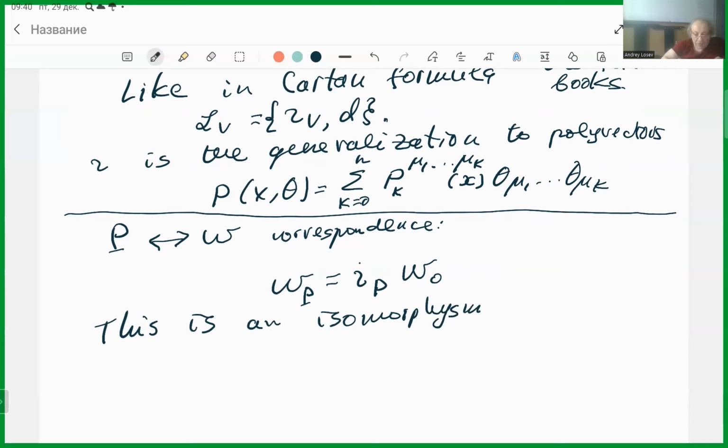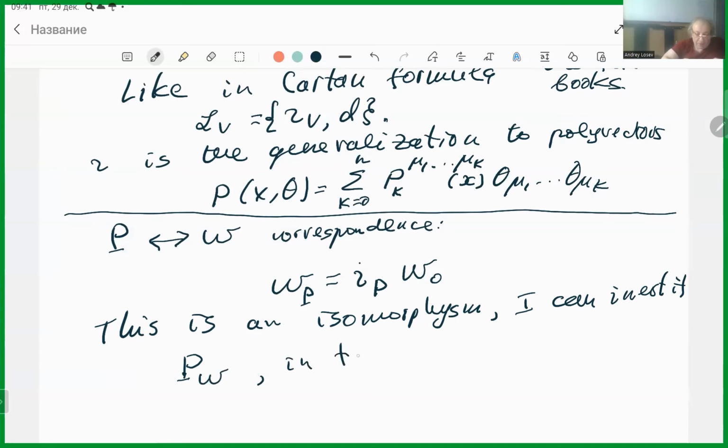In particular, I can also say inverted. And consider P that depends on omega.